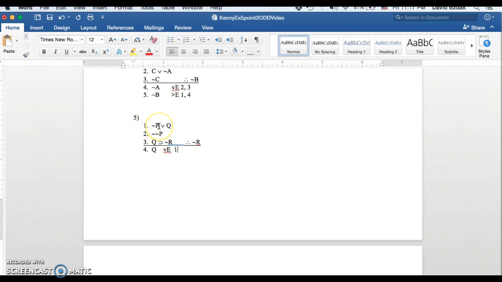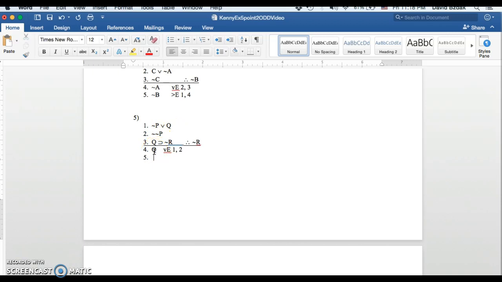And remember, disjunction elimination takes two things. It takes a disjunction, which we have on line 1, and the negation of one of the disjuncts, right? Not P is a disjunct, so the negation of that is not P. So disjunction elimination on line 2 gives us the other disjunct Q by itself.